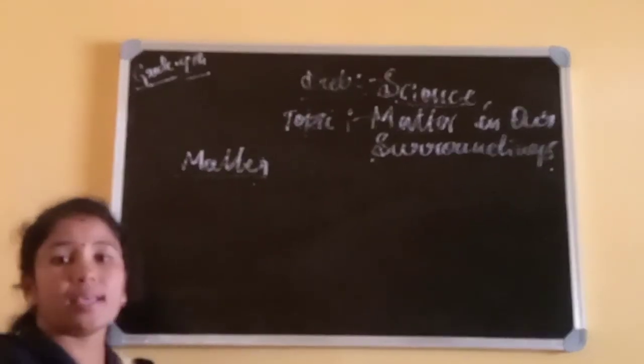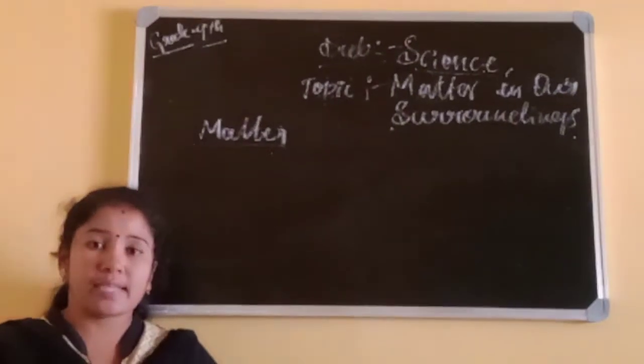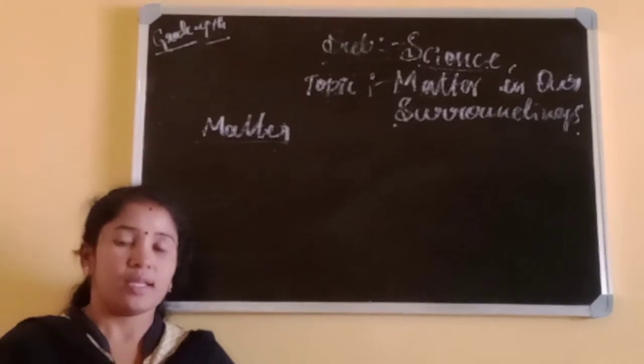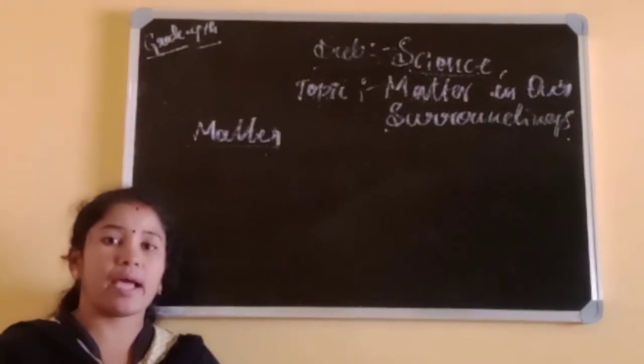Matter exists in three states in our surroundings, that are solids, liquids and gases.